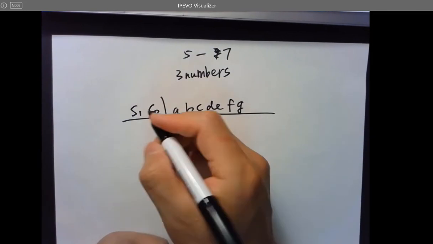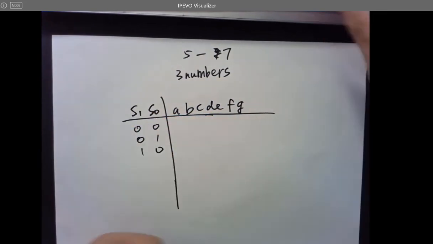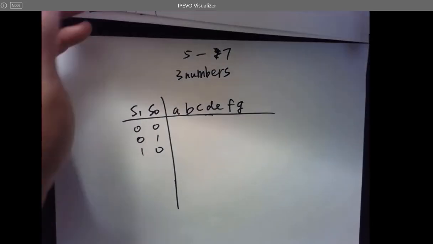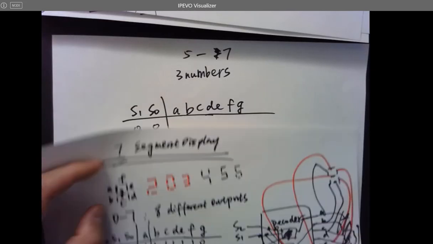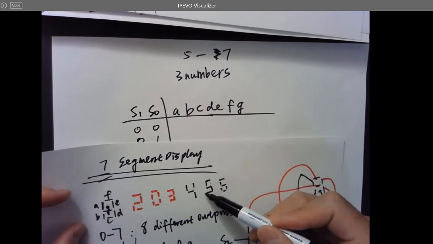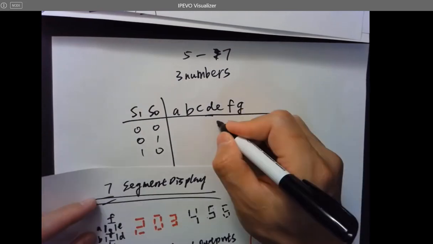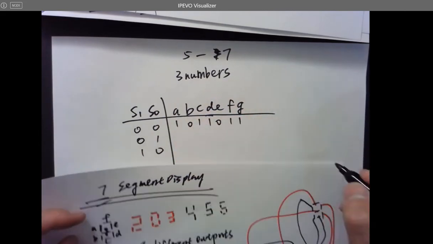All right, let's take a look. So only 3 inputs, 3 outputs. And if you look at this, 5 to 7. So 5 will be only E and B are off. All the rest of them are ones.